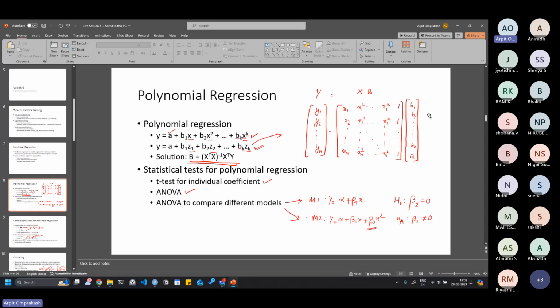Polynomial regression is basically, let's say we have y equal to x into b, where the predictors are basically powers of x. So we are fitting this polynomial equation: y equals a plus b1 x plus b2 x squared plus dot dot dot plus bk x raised to the power k.